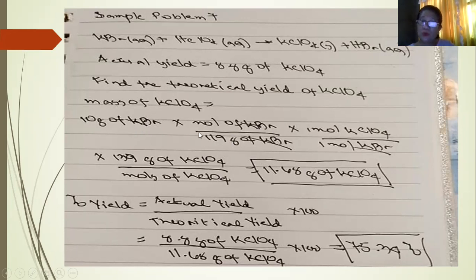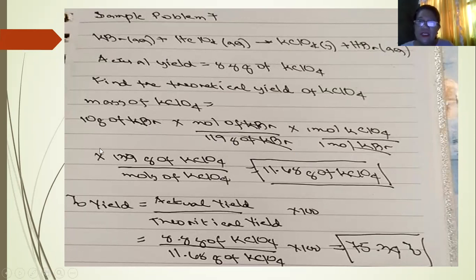Cancel the potassium bromide, we have now the mole of potassium bromide. In this case, we could already convert now to what we need, which is the potassium chlorate. Now, from the balanced equation, we need 1 mole of potassium chlorate to form 1 mole of potassium bromide. So cancel mole of potassium bromide.